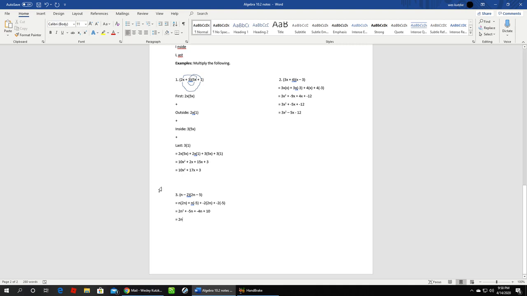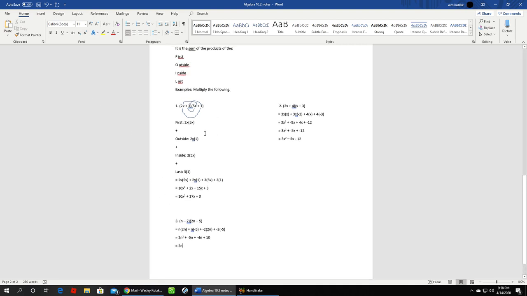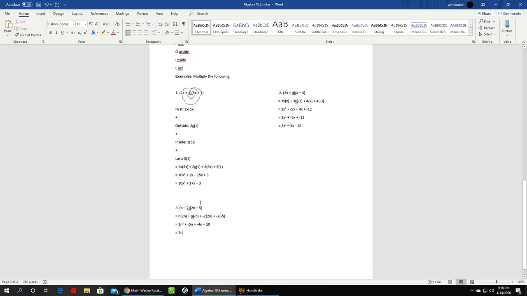Since this is a specific case of two binomials, it'll always look like this. It'll always be a squared. There'll always be two things for x that you have to combine, and then there'll always be a number at the end. So it's nice to have something specific like that so you know what to look for, and you can also use it to know that you're doing it right. Because if you got some weird numbers at the end that didn't match this format, you already know you have to look back and find where that mistake was.